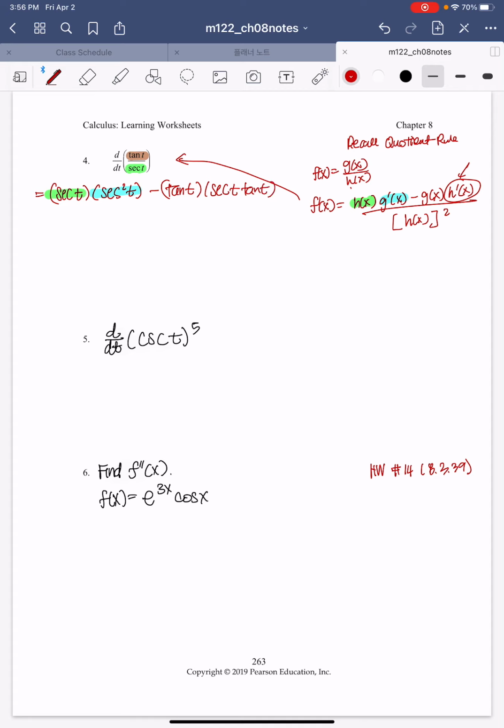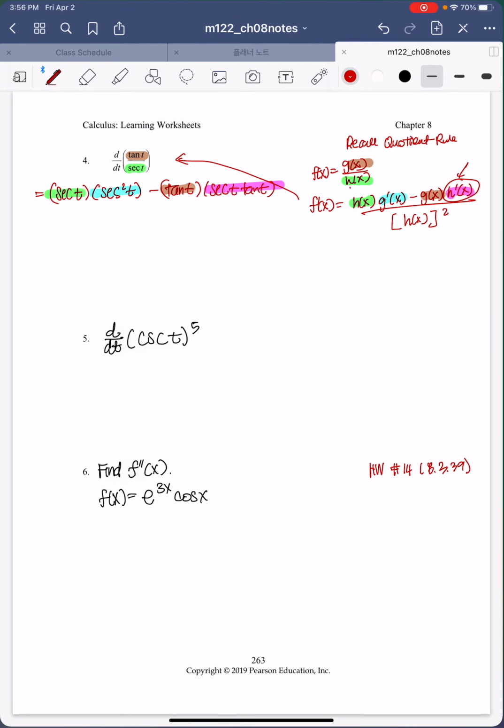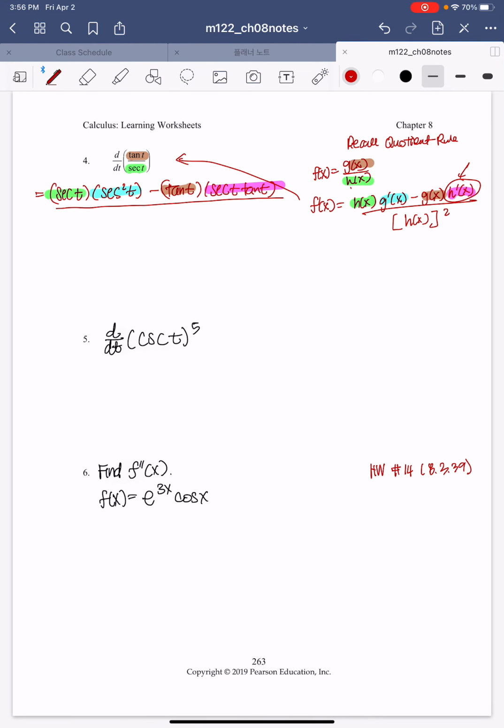Let's also color code it: g of x right there is tangent t, and h prime of x is right over here. All over the bottom squared.